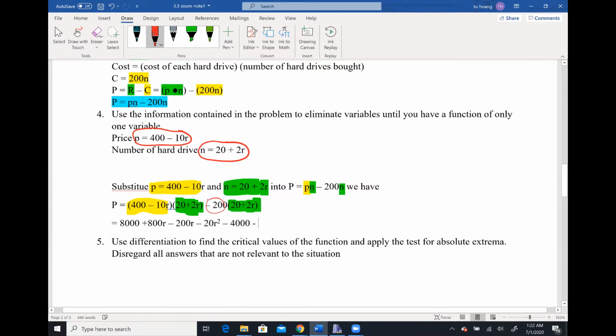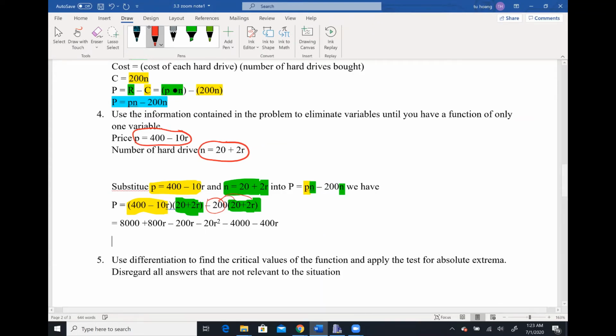This one, I want to do distribution for this, right? Minus 200 times 2R is going to be negative 400R. Okay. Combine that term. I will have what? P is going to be equal to negative 20R squared, and then minus 1200R. No, not 1200R.